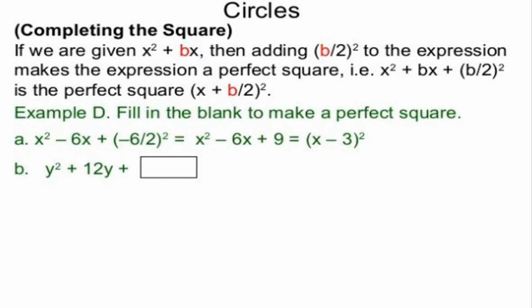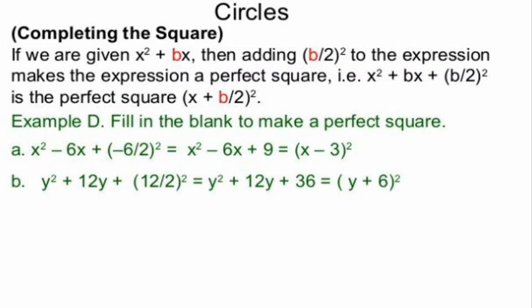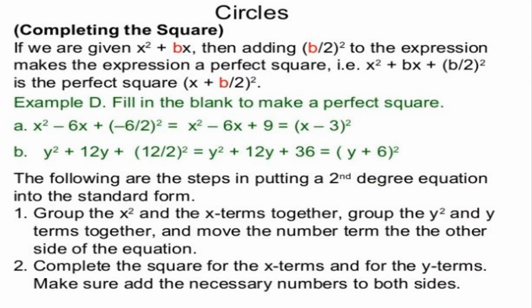Okay, so y squared plus 12y plus 12 over 2 squared. Y squared plus 12y plus 36 is equal to y plus 6 squared.